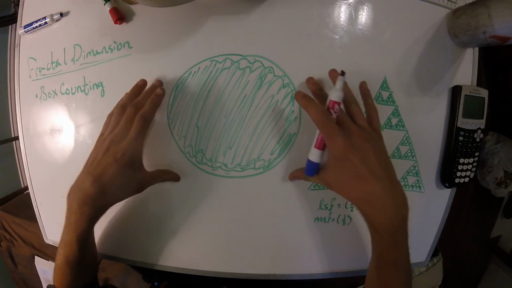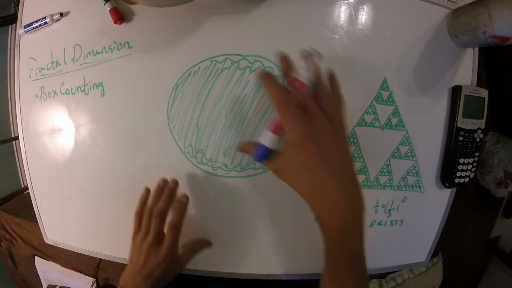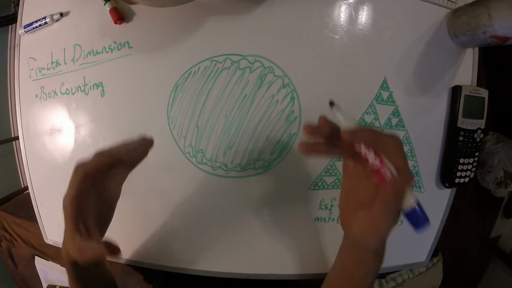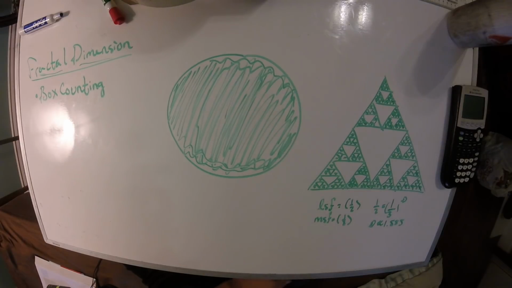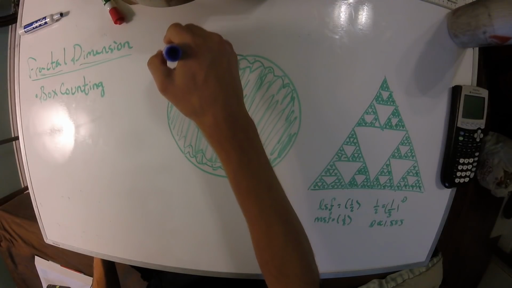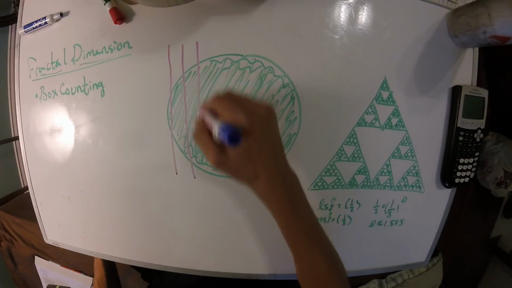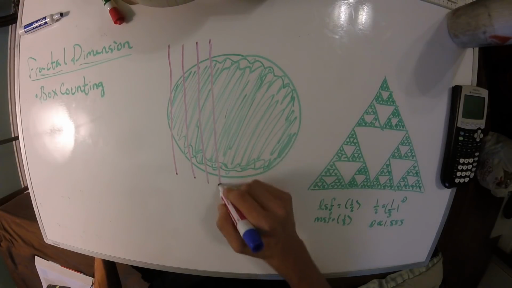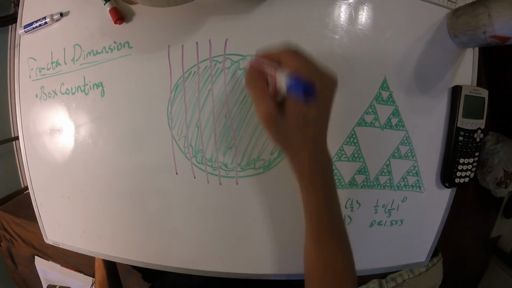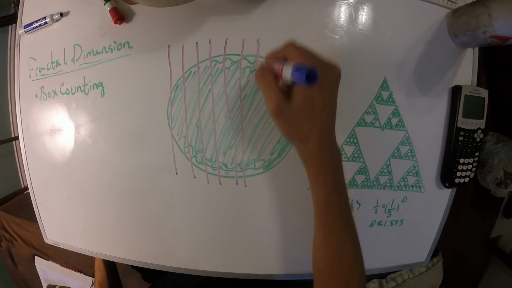So I'm going to start with this circle here. Let's say that we have this circle and the whole thing's filled in. We want to know the dimension of the circle, or at least we want to verify that the dimension of the circle is 2. So you can imagine putting this on a grid, and you're going to have to just bear with me and imagine that these are perfectly spaced grid lines, and they won't be.